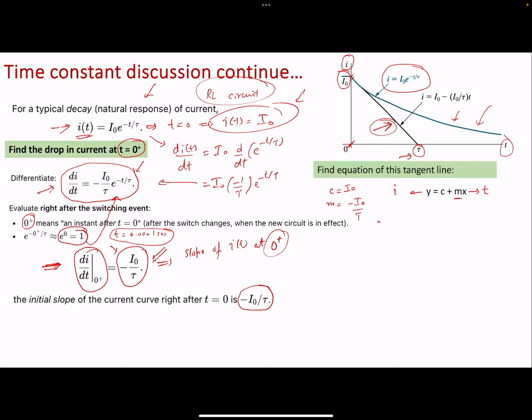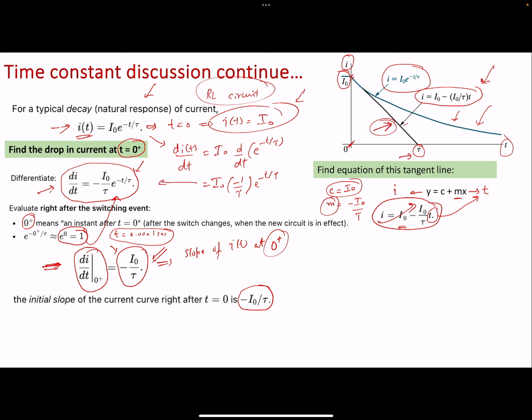We can replace all of that to come up with a linear equation. So we have I equals I naught, which is the intercept, minus I naught over tau, which is the slope, times t, the x-axis variable. This is great. We ended up finding the equation for this black line as well.